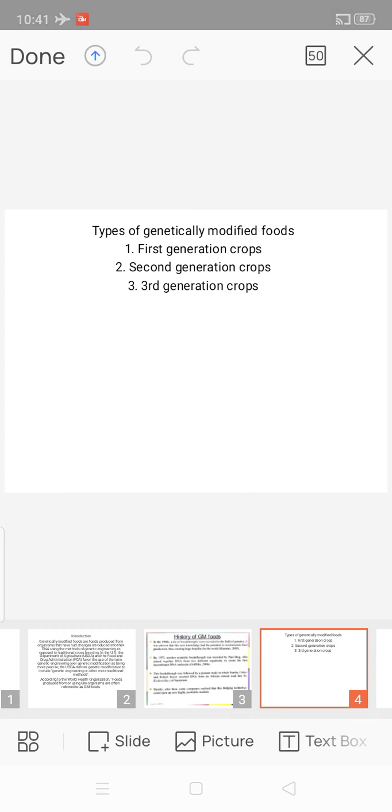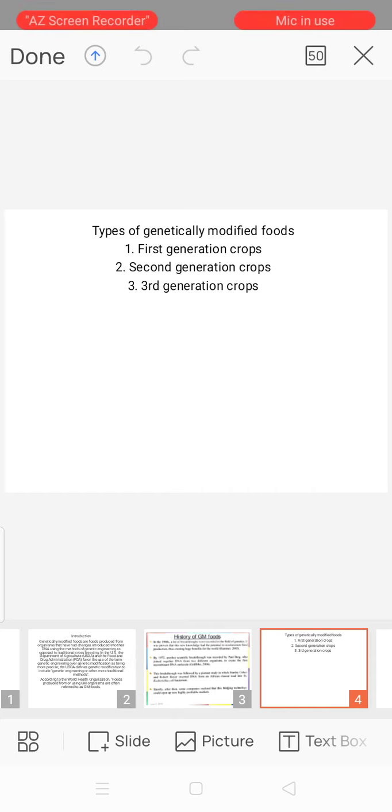And the ensuing crops are not significantly different from the traditionally grown crops in terms of appearance, taste, and nutrition. Examples of such crops are herbicide resistant soybean, insect resistant maize, and herbicide and insect resistant potatoes.